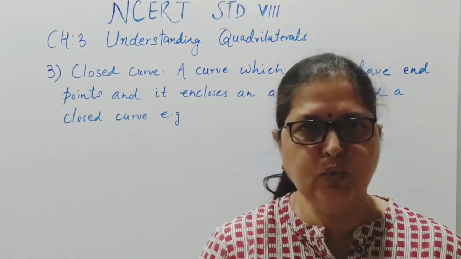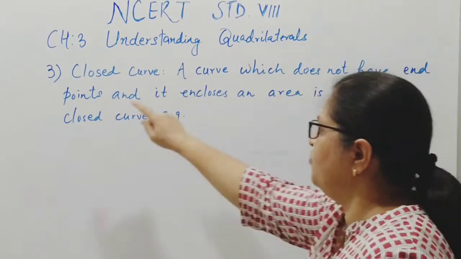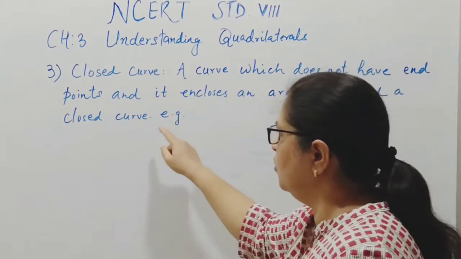Number 3, closed curve. A curve which does not have endpoints and encloses an area is called a closed curve.